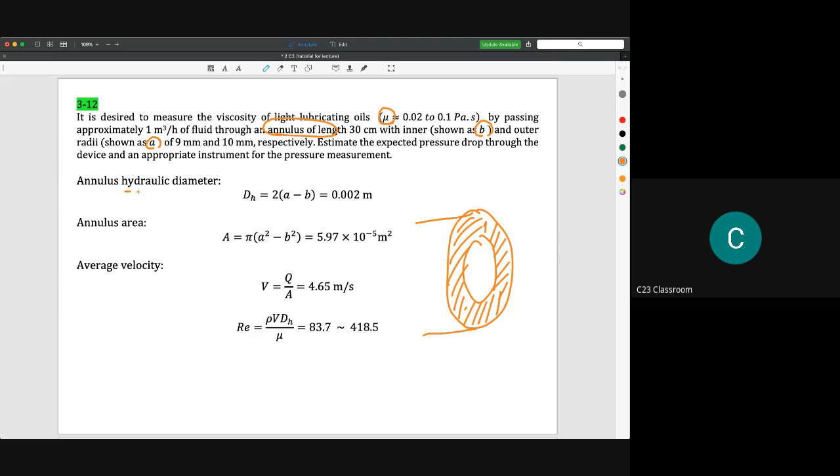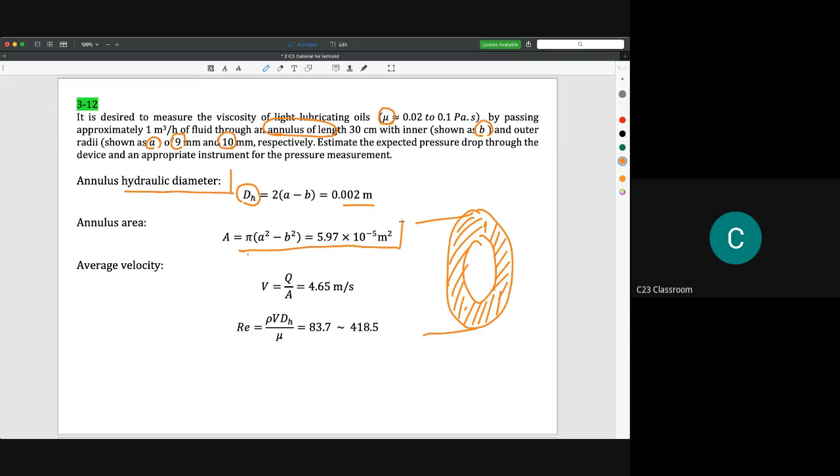So the hydraulic diameter, we mentioned it as dH. It can be calculated by 2 times A minus B. So A is the outer one, the larger one is 10, and the inner one is 9. So you could get 0.002, and then you could calculate the area here.